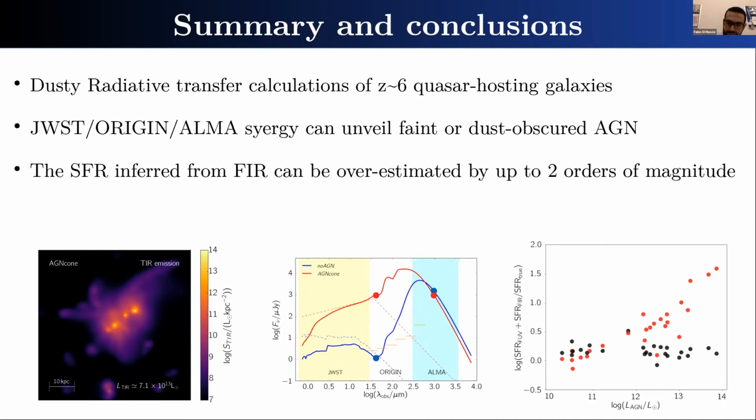Yeah, exactly. So Giovanni has his hand raised. Go ahead and ask your question, Giovanni. Yes, thanks. Did you compare the star formation rate obtained from the far infrared with the star formation rate obtained with the radio band, in order to check if there is also this overestimation in the radio fluxes?